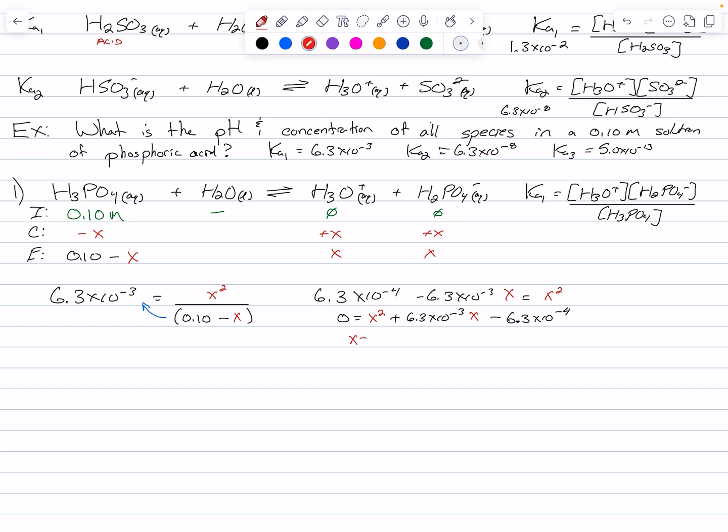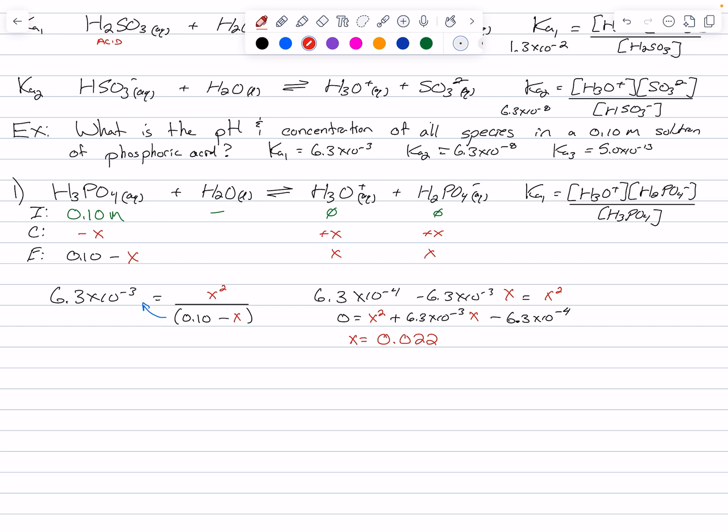If we do this, X would equal, let's see, I go to my calculator, and I get 0.022 for X. Now that's the first ionization, which is fantastic.